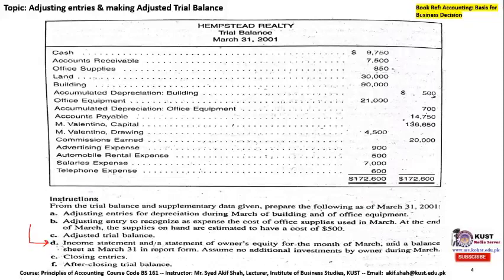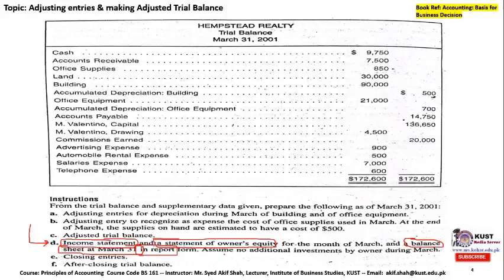So the instruction D required us to make an income statement and a statement of owner's equity, so two basic financial statements, for the month of March. And along with that, the instruction is requiring us to make the balance sheet at March 31st, but not in a tabular form like in left and right side, rather in the report form. So we'll learn how to make a report form balance sheet as well.